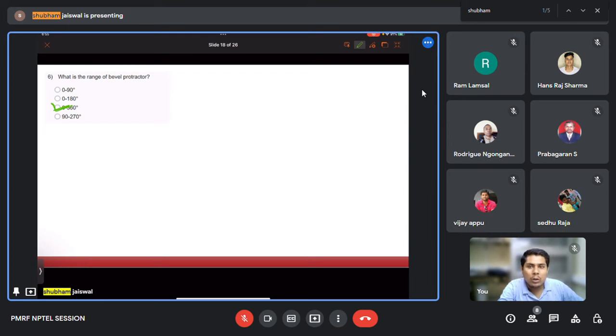But if we talk about the simple protector that we use in our school, it will be like a semicircle shape, so we will have the marking from 0 to 180 degree. But here they have asked about the bevel protector, not the simple protector. So using bevel protector, we can measure any angle between 0 to 360 degree.